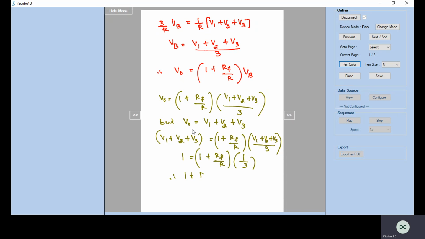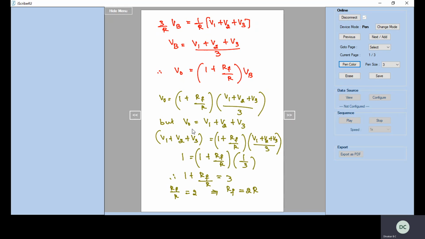Therefore 1 + RF/R is equal to 3. Therefore RF/R is equal to 2, which implies that RF = 2R.